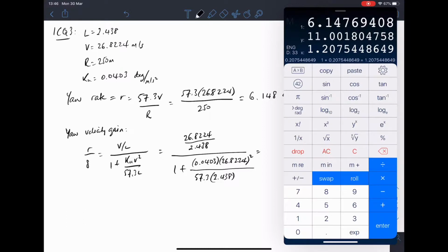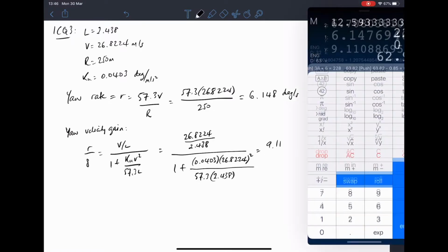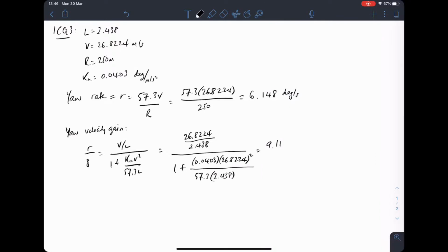Add that to the 1. Divide. We have 9.111. Okay, and that's degrees per second over degrees, so that's per second, s to the minus 1.